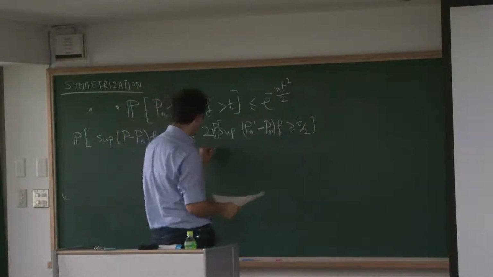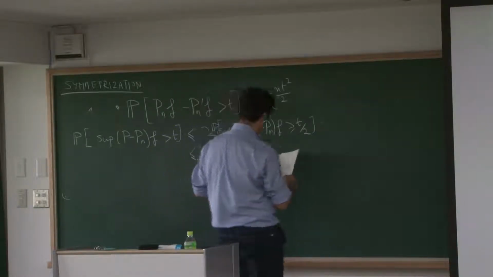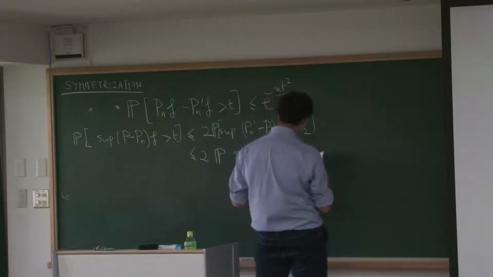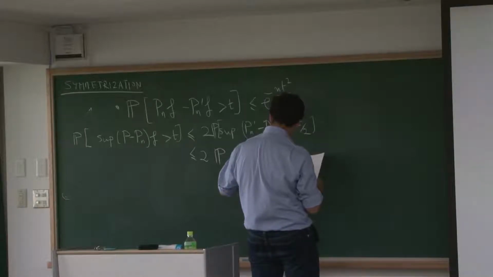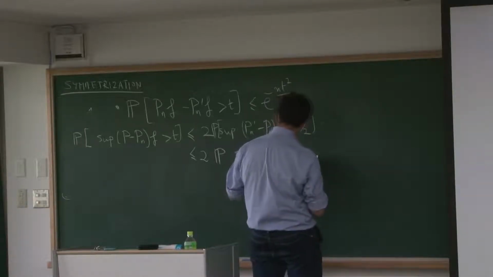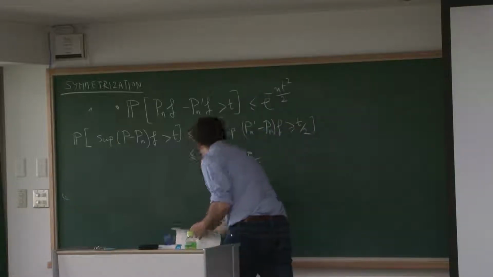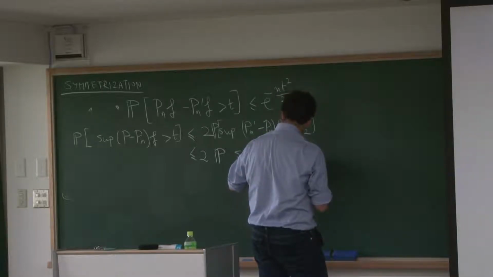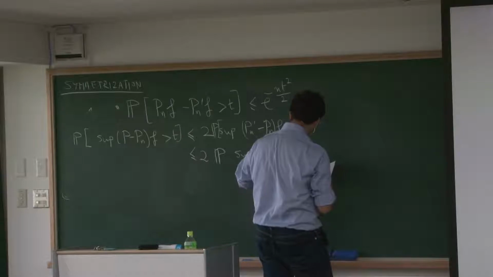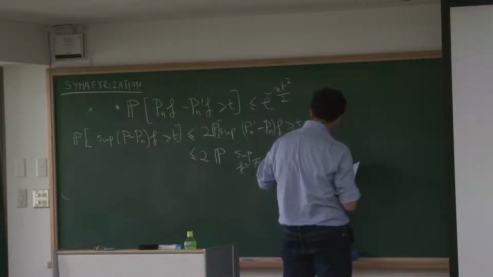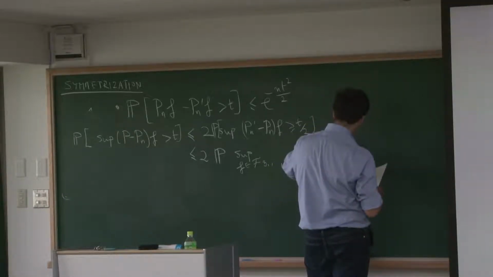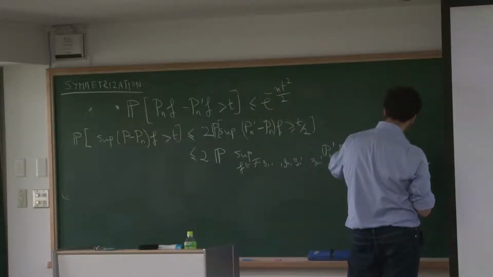So it's just 2p times the supremum over all possible functions in the function class, all possible vectors, sorry, in the set of different classifications of z1 ... zn, z1 prime ... zn prime, of Pn prime minus Pn f bigger than t divided by 2.